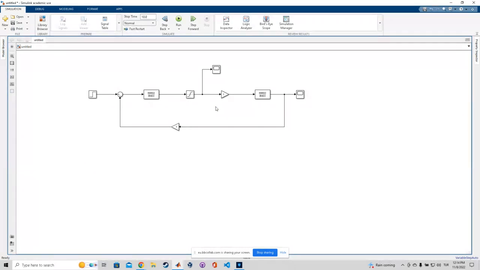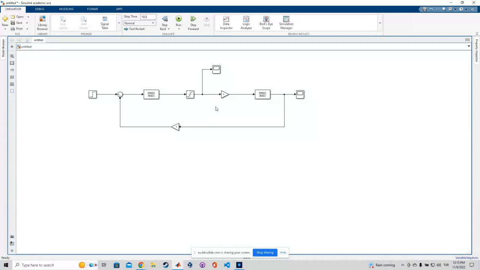The settling time is the time required for the response to reach the steady state and stay within the specified tolerance band around the final value. So this is our settling time.